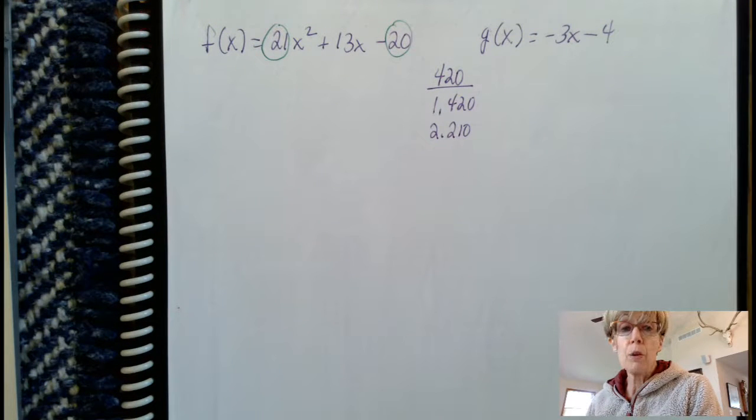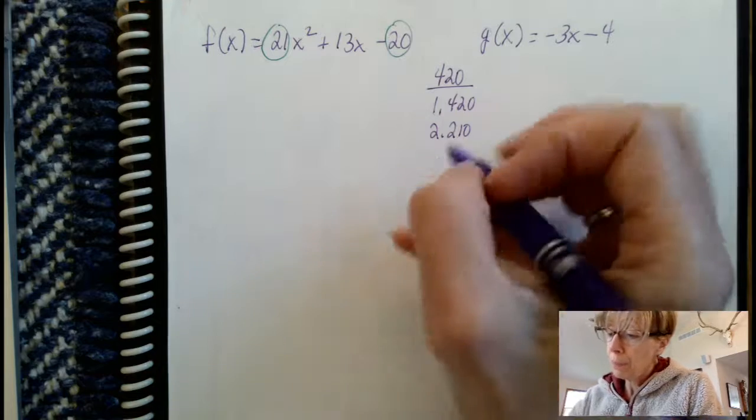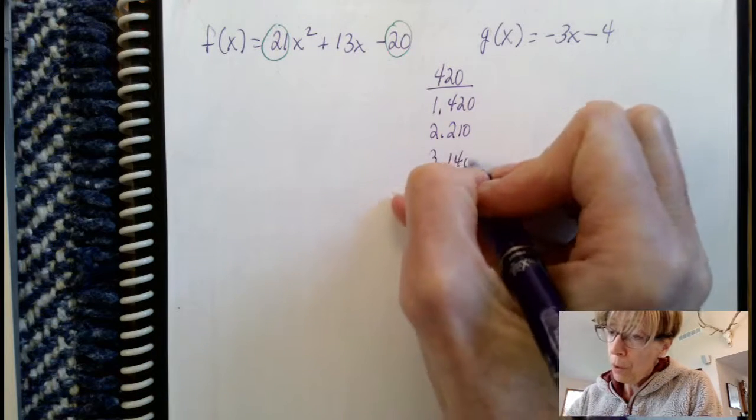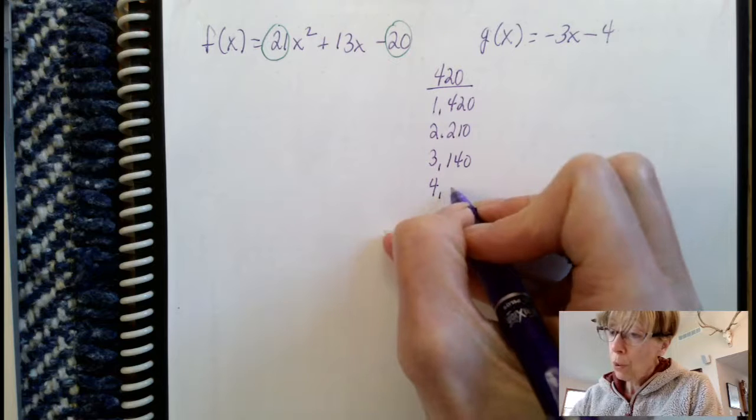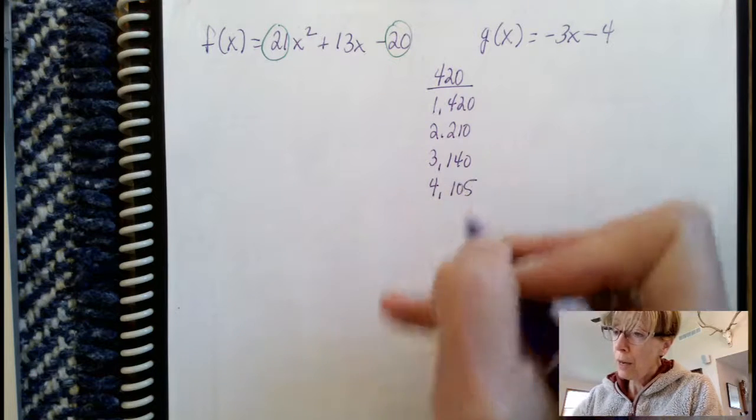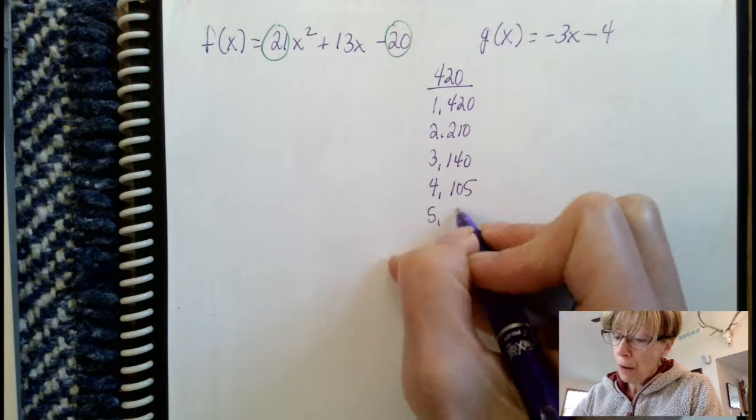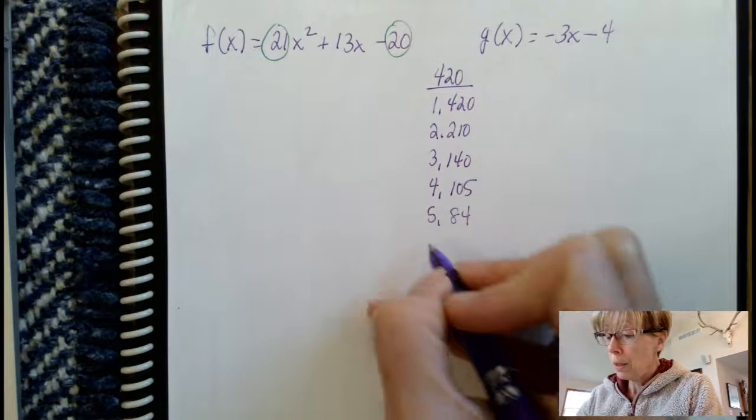Well, 3 and 140, 4 and 105, 5 and 84, 6 and 70, 7 and 60.